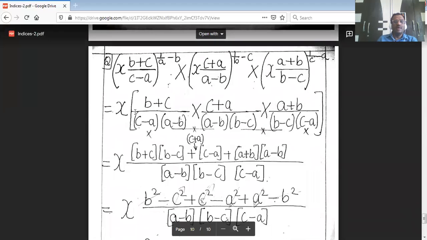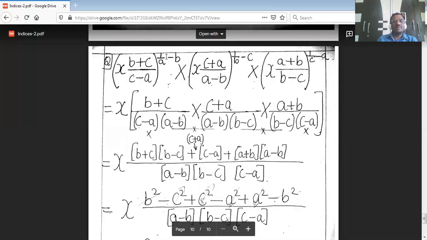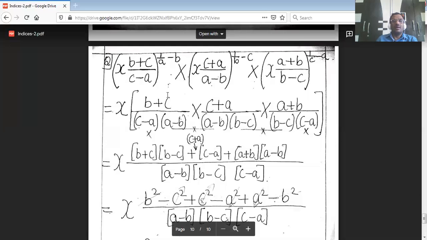This is going to be x to the power of b plus c divided by c minus a, and this is 1 by a minus b, 1 by b minus c, 1 by c minus a. If you take the LCM, this is going to be a minus b, b minus c and c minus a.